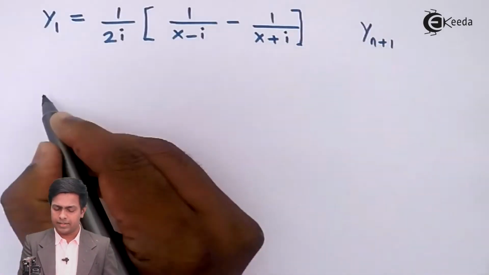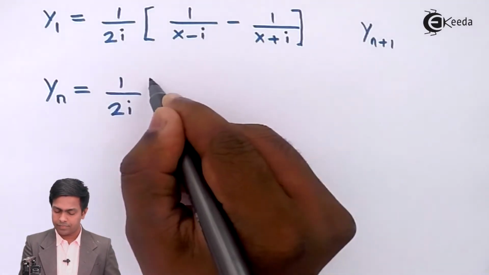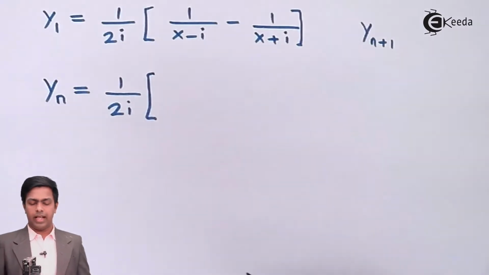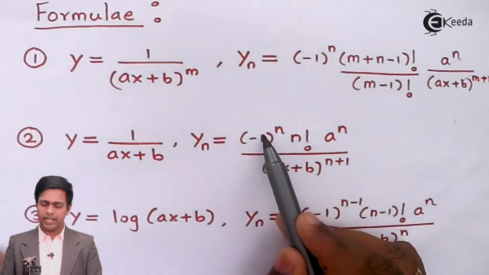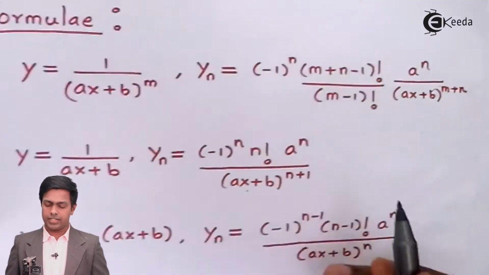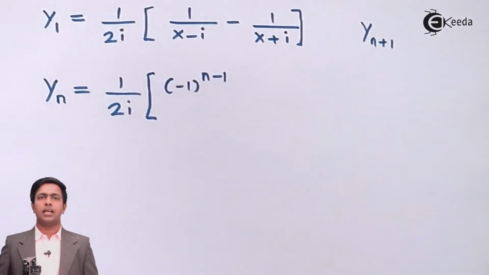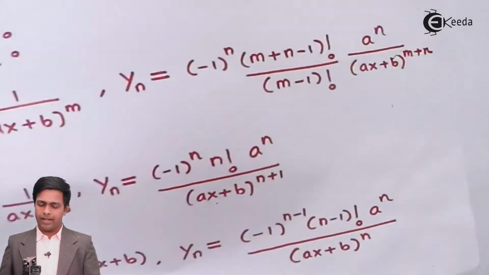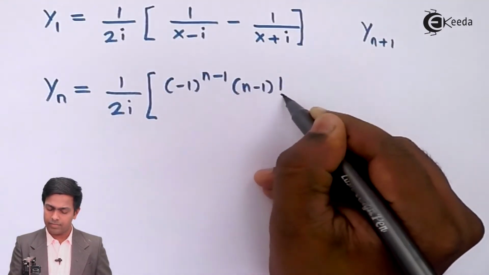So here I'll say therefore yn equal to 1 upon 2i. Now the nth derivative of this term will be minus 1 raised to n. But guys, we'll get this answer at a step of y of n plus 1. So here we'll say it is minus 1 raised to n minus 1. So what I'm doing is I'm coming one step back. Next, this n factorial will be n minus 1 factorial.